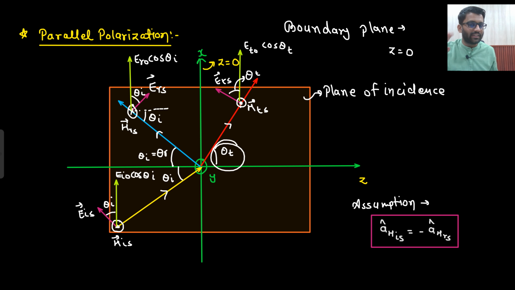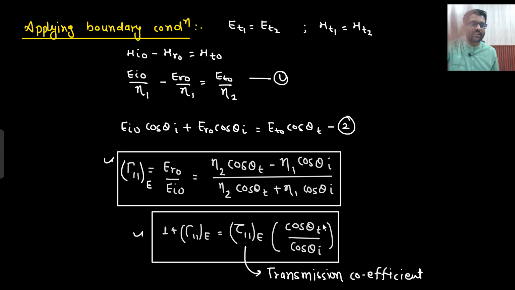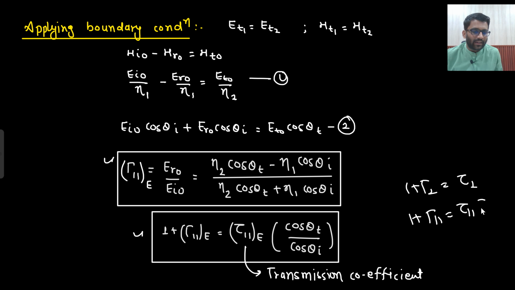So theta t would come upward. Is that easy to remember or not? Look, 1 plus gamma perpendicular is equal to tau perpendicular, and 1 plus gamma parallel is equal to tau parallel, and something here will come.